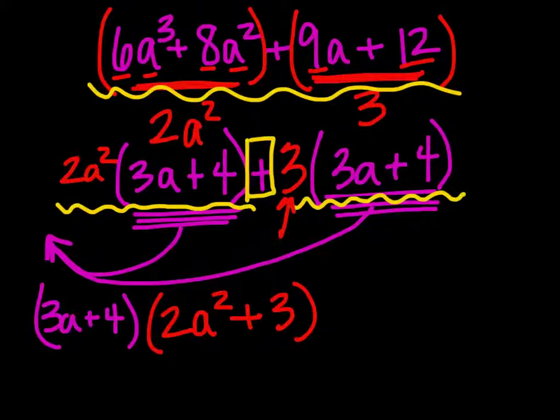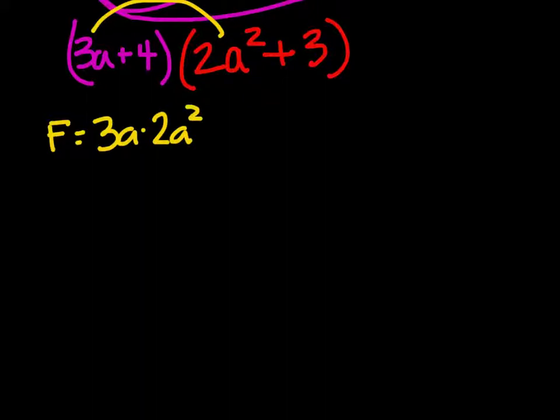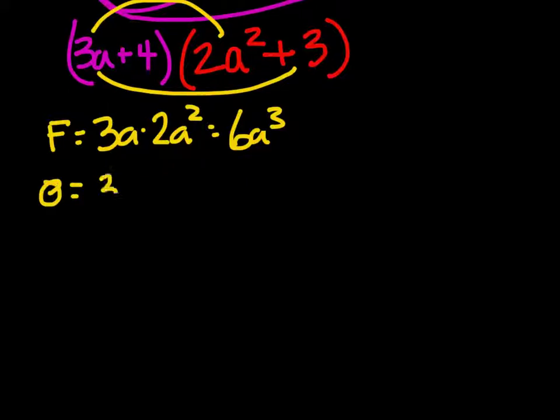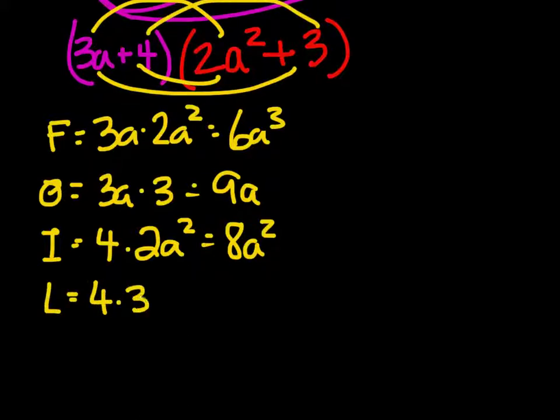So let's check and see if we are finished and if we got the right answer. First terms, we have 3a times 2a squared, which equals 6a to the third. We have outside terms, 3a times 3, which equals 9a. We have inside terms, 4 times 2a squared, 8a squared, and last terms, 4 times 3, which equals 12.